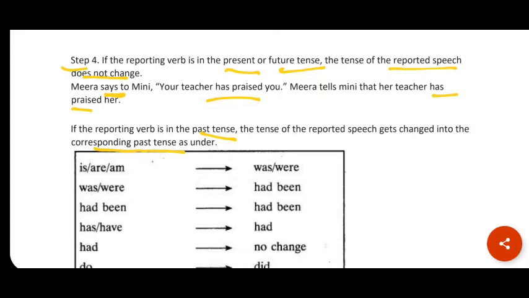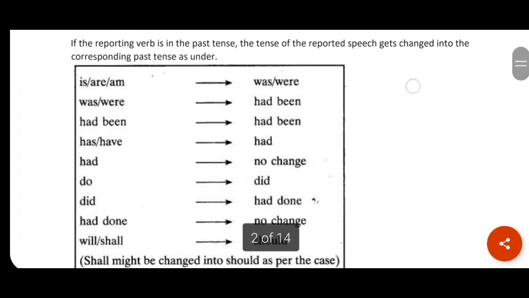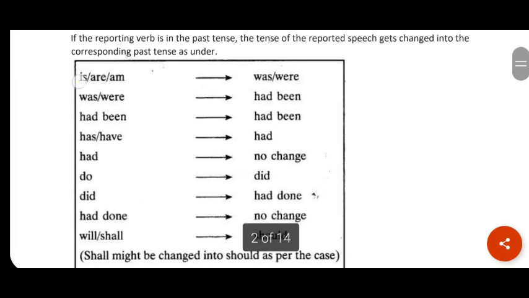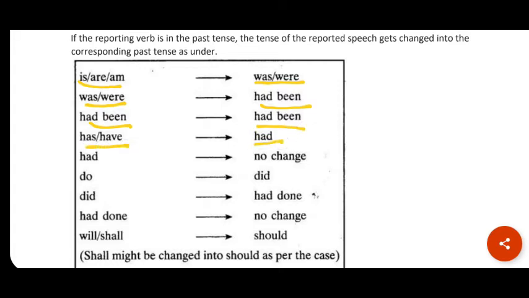For example, am, is, are. These are present, they will change into past. Was, were. Was, were is past, it will change into past perfect, had been. Now had been remains the same. Has or have changes to had.